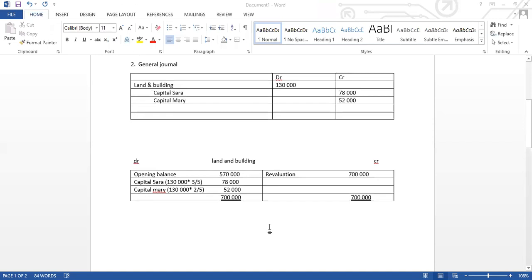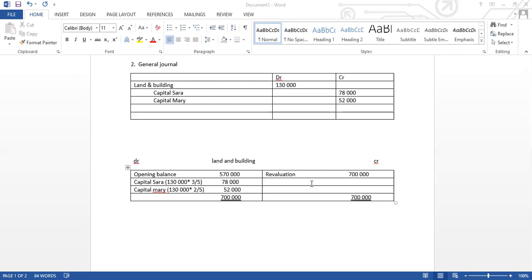Can I ask, what if the revaluation was a loss? If it decreased, obviously your debit will be more than your revaluation. You understand? So the amounts that you distributed, capital Sarah and capital Mary, will be on the credit. Mhm. And what did we say about the loss on revaluation?